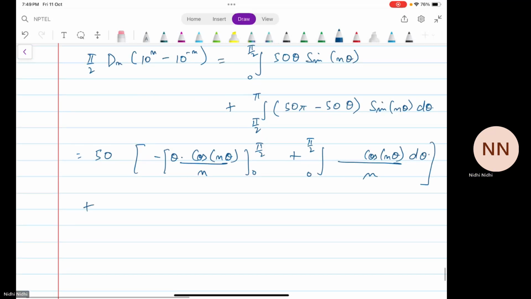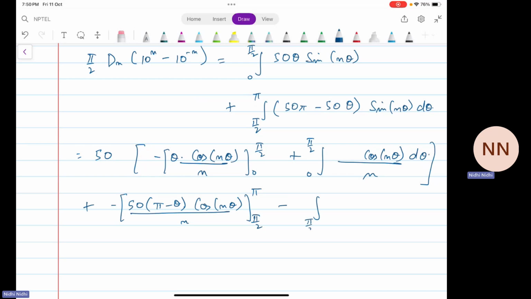Plus 50 (pi minus theta) times minus cos n theta by n, from pi by 2 to pi, minus integration pi by 2 to pi of minus 50 times minus cos n theta by n d theta.